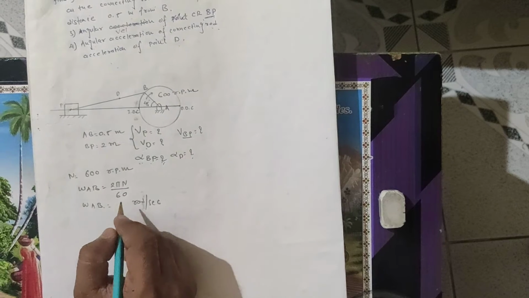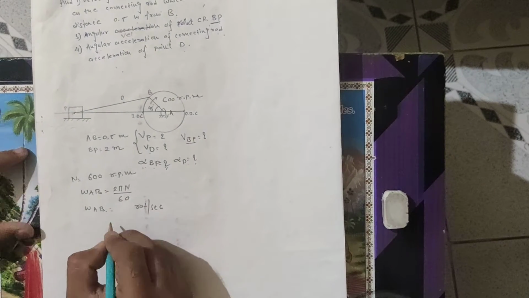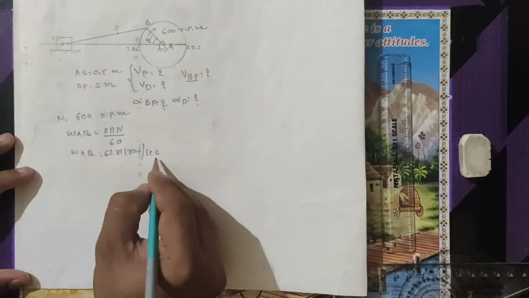In this way we find omega AB, in radians per second. With n equal to 600, calculating directly on the calculator, we get 62.831 radian per second.